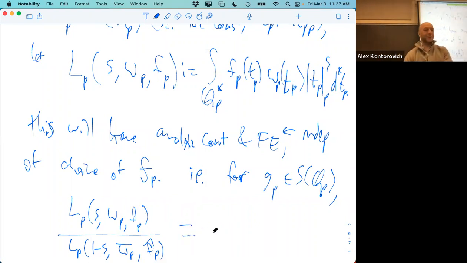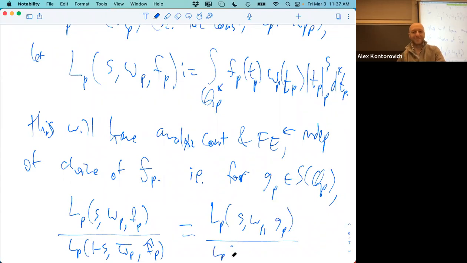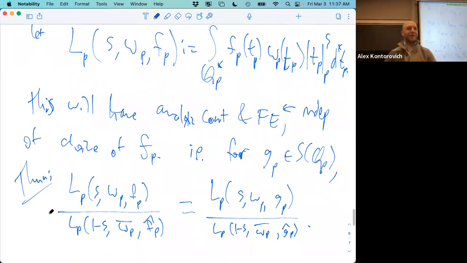This quotient as a function of s will be the same as if I replace f by g. That's the theorem, and the proof we don't have time to do right now. So we'll do it next time.